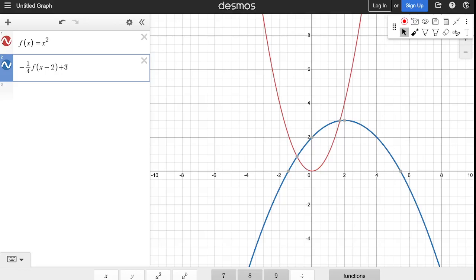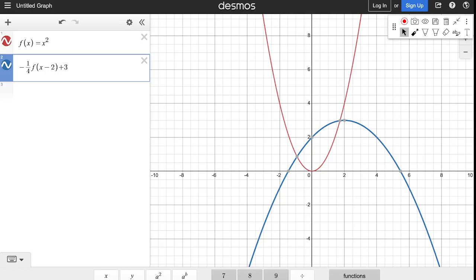No, I don't think it would, because if I had moved it up 3 and then reflected it, that would have been a positive 3. Anyway, following order of operations, you get the right movements. So this is what it's going to look like, and just follow along with the inside.